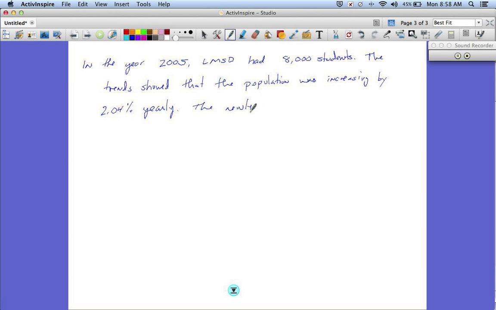The newly constructed school district, let's just change that from high schools to school districts. The newly constructed schools in the district can house, let's say, 12,000 students.